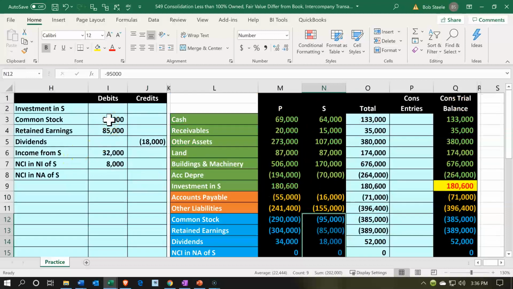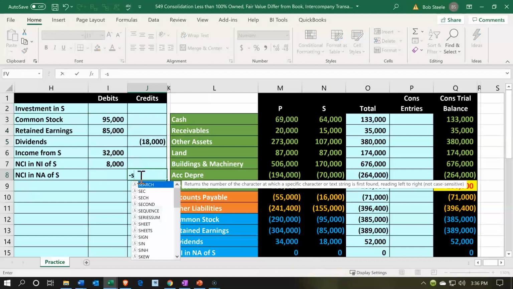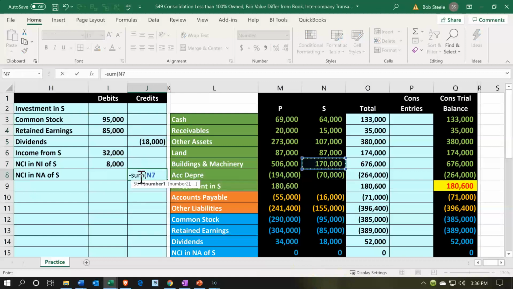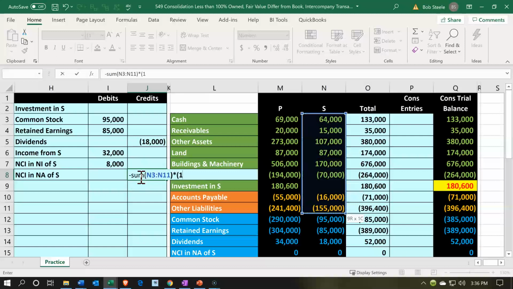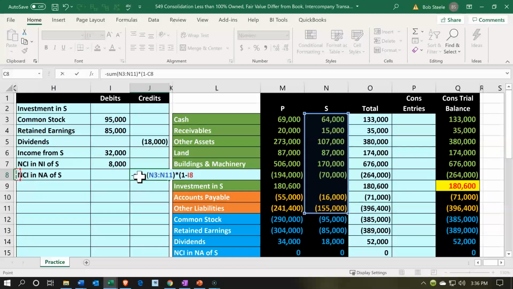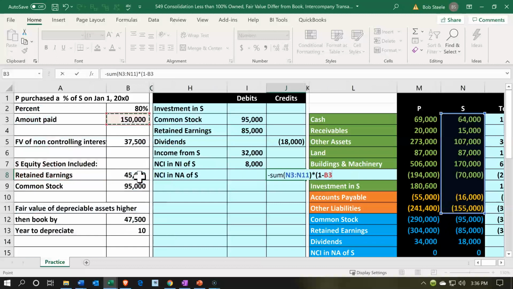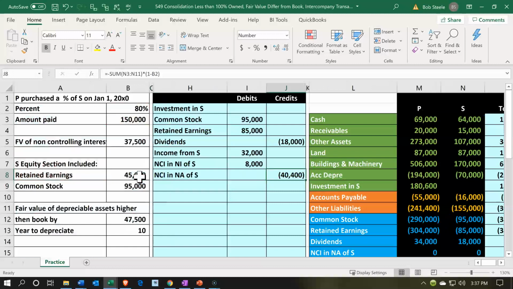All right, so I'm going to be picking up the negative sum of assets minus liabilities, which will be the net assets. To me, that's the most direct way to see this, times 1 minus the 80%, which is 20%, and that'll be the 40,400.